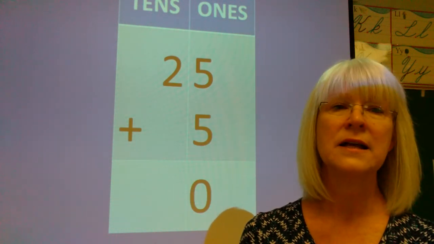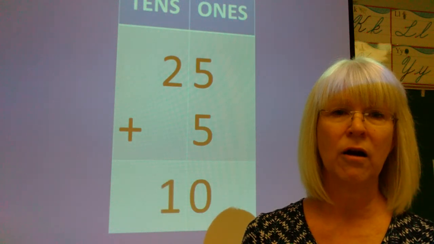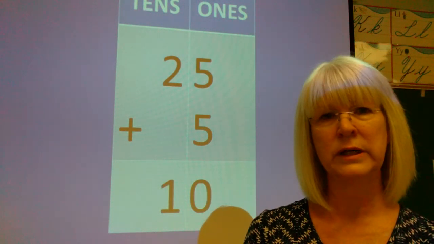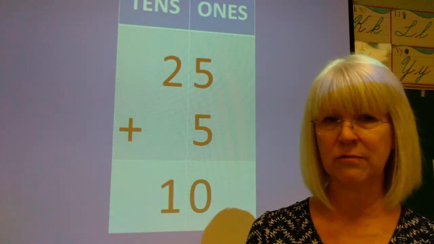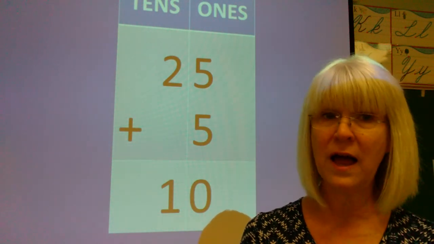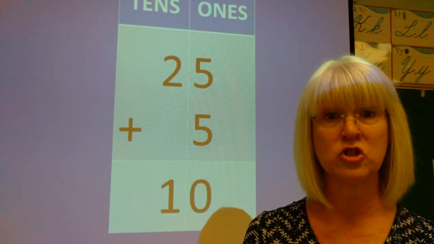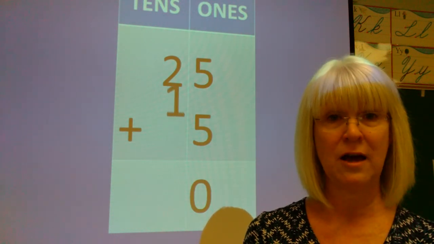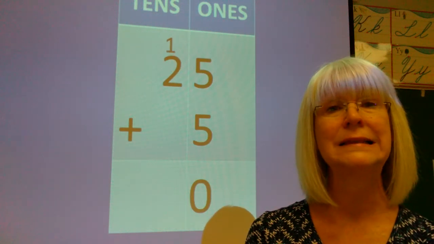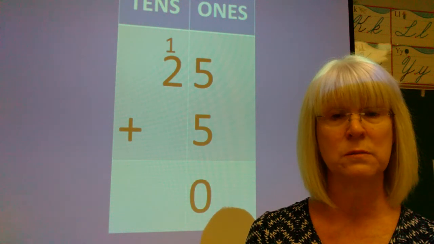Now, let's see what happens with the 1. If we put it there, we're going to end up with the answer 10, and that's not the right answer. 5 plus 5 is 10, but 25 plus 5 is not 10. So what do we do with that 1 now? Watch. We're not going to put it down at the bottom. Instead, we're going to put a little 1 up above the 2 in the tens place.